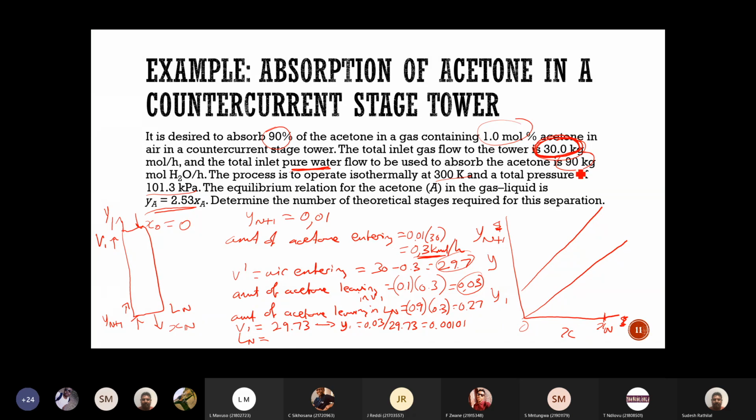So 90 kilomoles per hour was L prime, because it had pure water with no acetone coming in. That will be what is leaving at the bottom of the tower, but I have to add the amount of acetone that is leaving. The amount of acetone leaving in Ln is 0.27. If I add the two, I get 90.27.